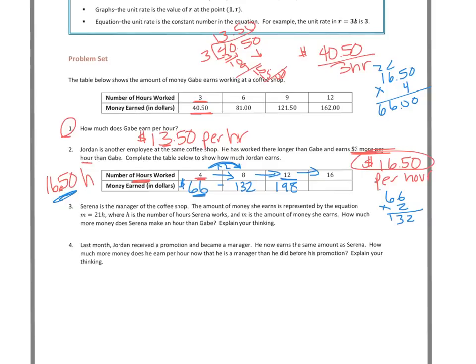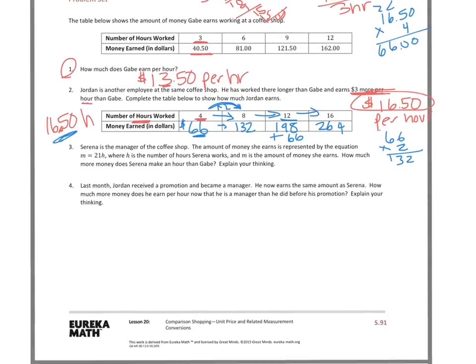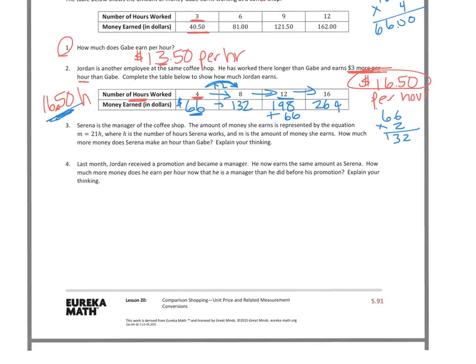For every 4, I go up $66. That's just a shortcut for me. So if I add another $66 to this, it looks like it's going to be $264. Or again, I could have used $16.50 times 8, then $16.50 times 12, and then $16.50 times 16.